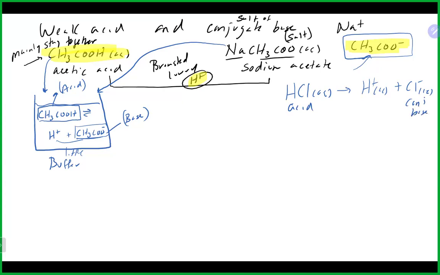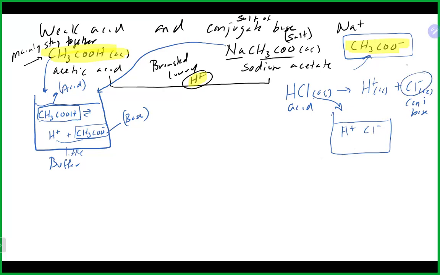Can I just make a buffer from some HCl and like sodium chloride and put them together? The problem with this is when you would go put the HCl into this solution, it's going to 100% break apart into H plus and Cl minus. You're going to have none of the HCl units still there.